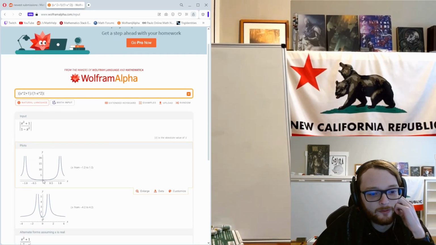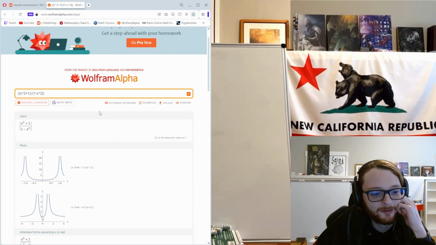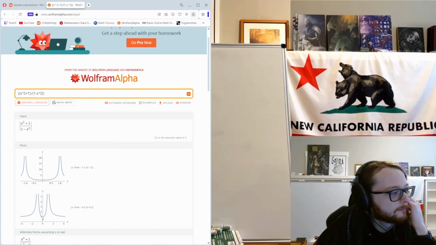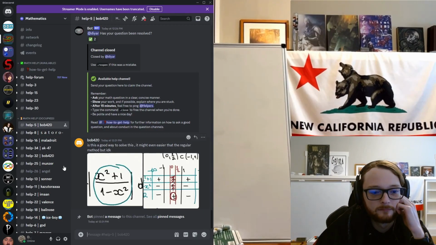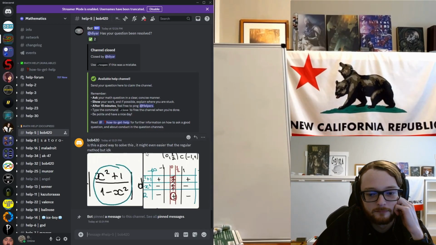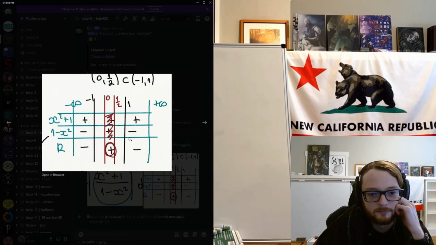So there's no doubt that this continuity between 0 and 1/2. Oh, it kind of looks like a cosecant or secant. I'm really confused about what this chart is supposed to be, though.